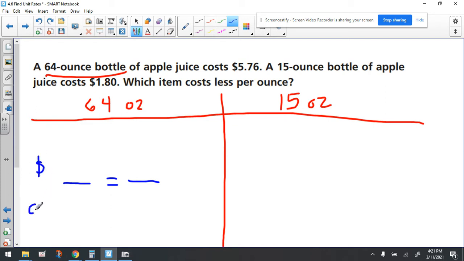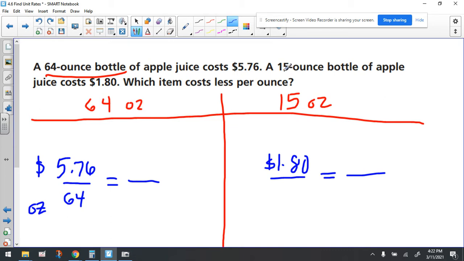So they're talking about dollars and ounces. So here we have a 64-ounce costs $5.76 for 64 ounces. And if we set up a proportion over here, the smaller container costs $1.80, and you get 15 ounces for that.